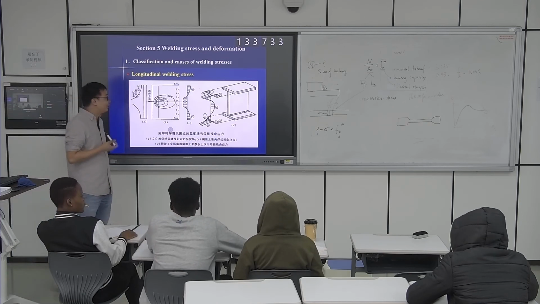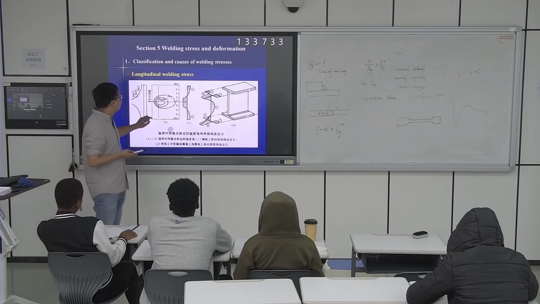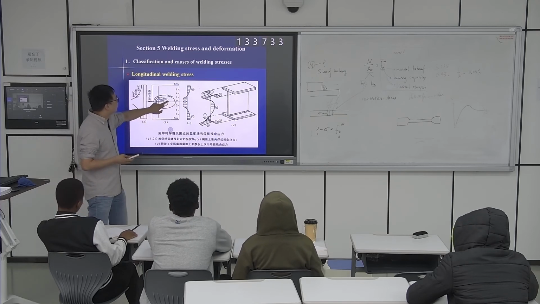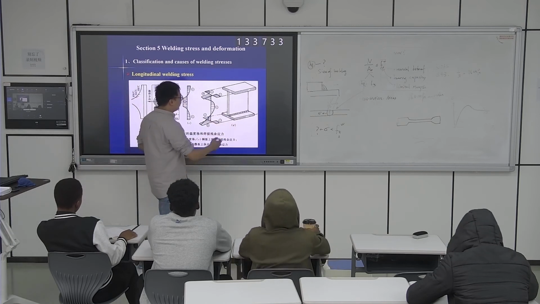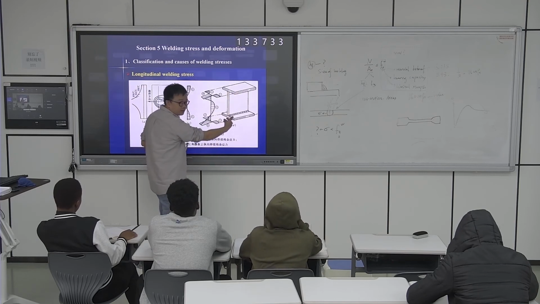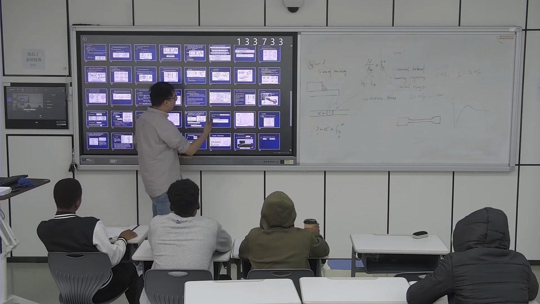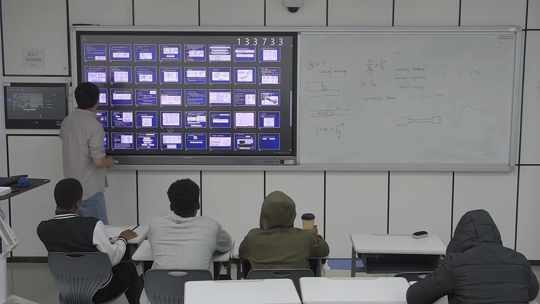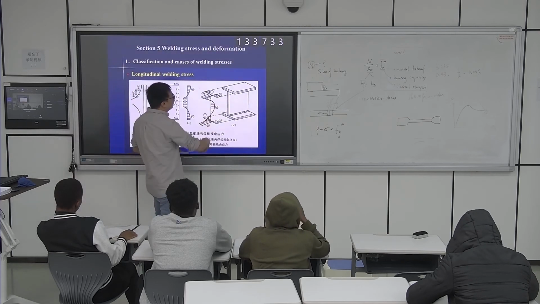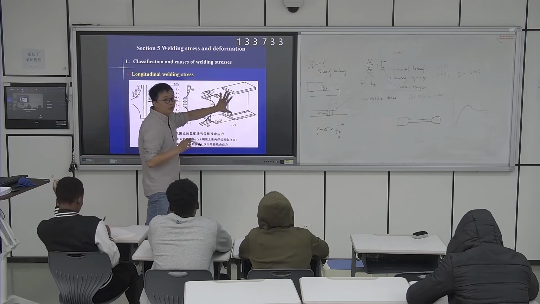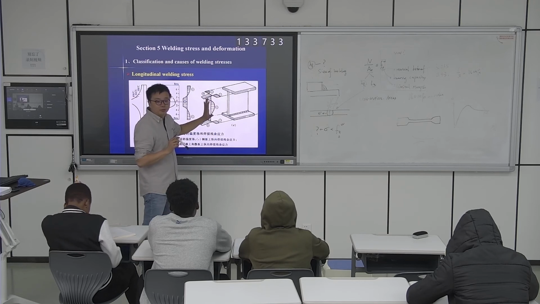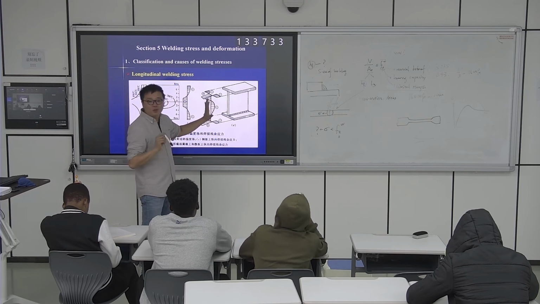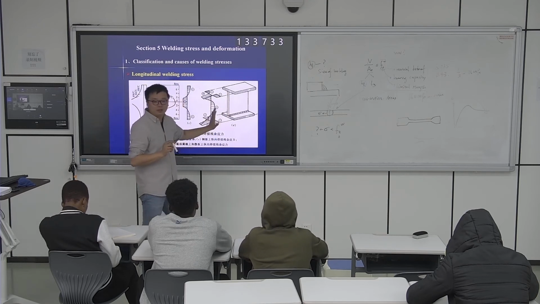Now here we weld this one through this direction. Once we cut a surface, we can find that normally in your mind the force is uniform, right? If no welding, the force is uniform, but with welding it is nonuniform.